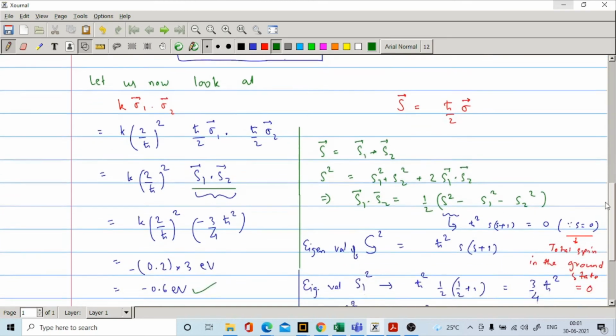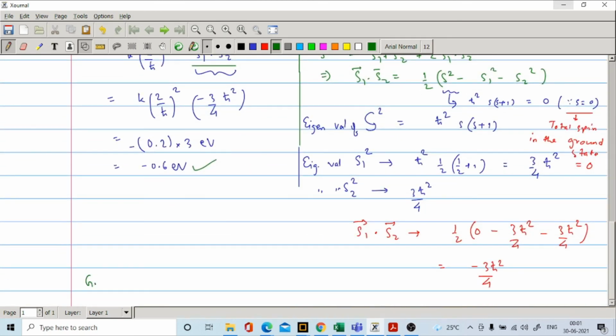The ground state energy will be the sum of the two contributions: this thing is the contribution from the harmonic oscillator potential part, and this thing is the contribution from the spin part.